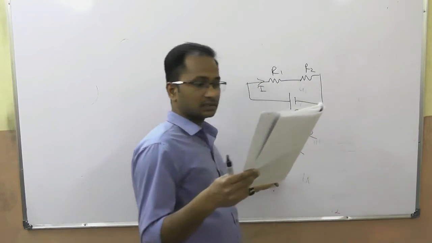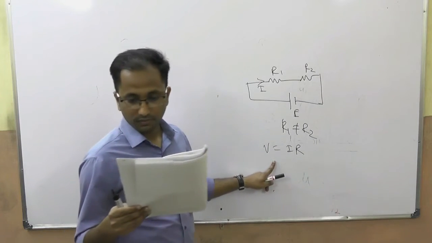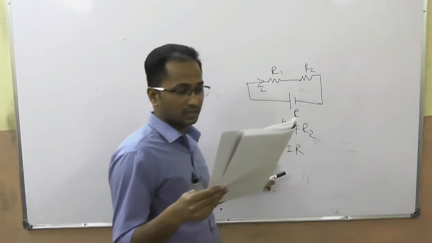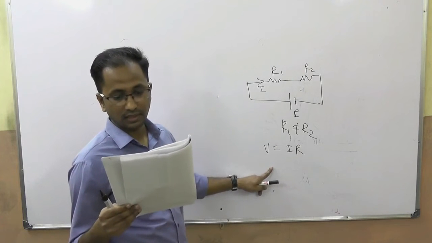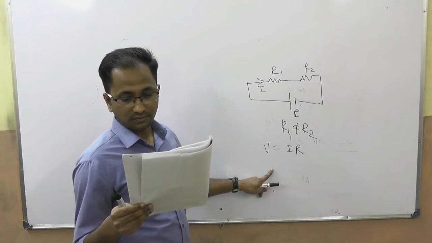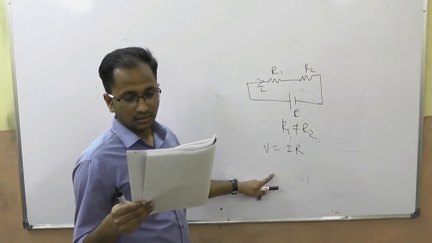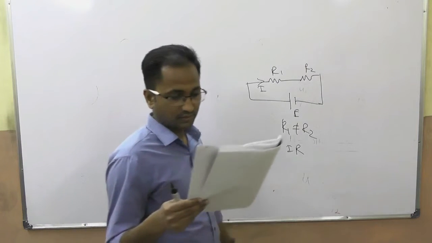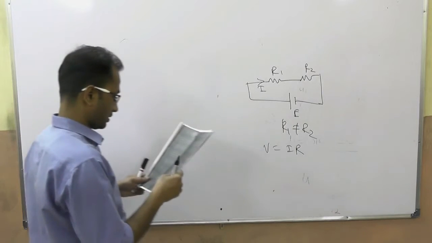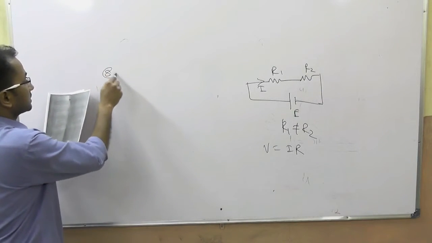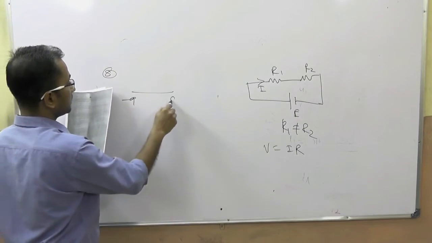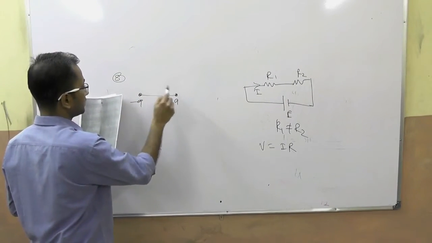Next, a point charge is situated at an axial point of a small electric dipole at a large distance from it. The charge experiences a force F. If the distance of the charge is doubled, the force acting on the charge will be? So this is the electric dipole moment, two charges.